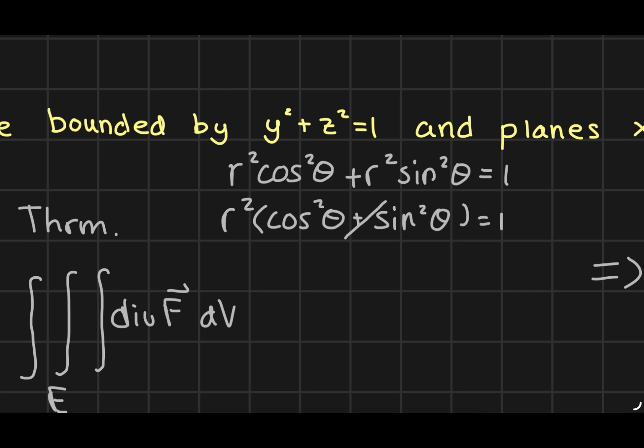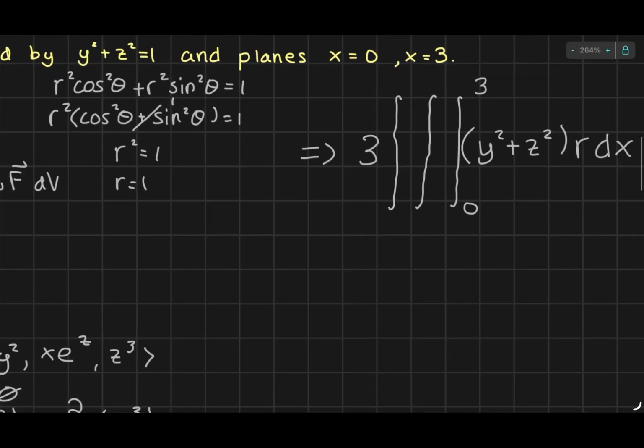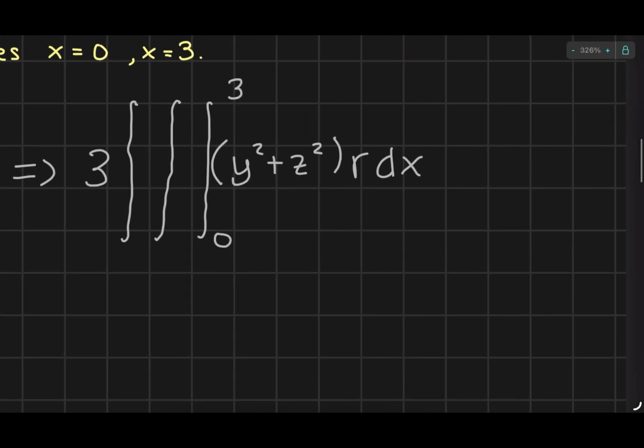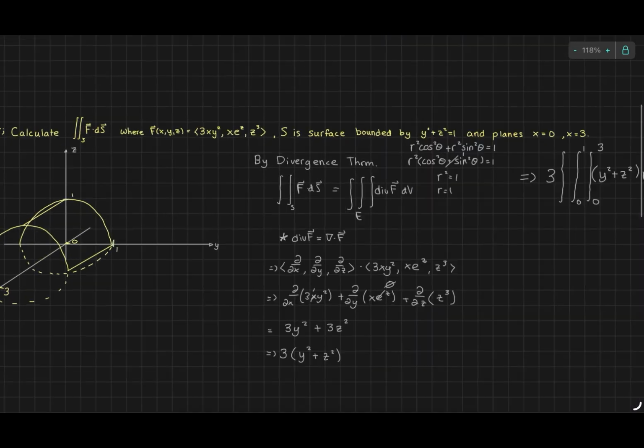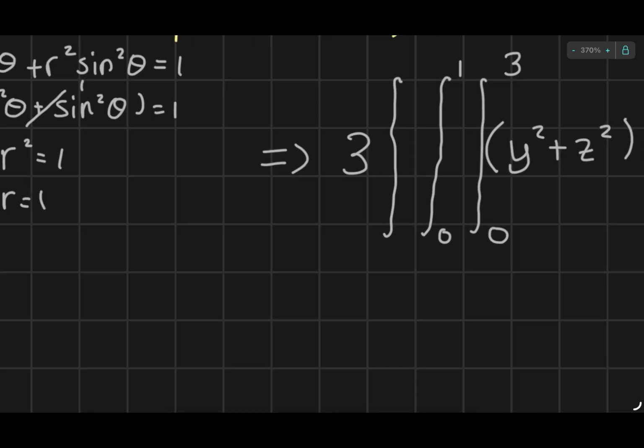And our favorite identity, we know that's going to equal 1. So our r squared is equal to 1. Therefore, our r is equal to 1. So we know that our bounds on our dr go from 0 to 1. And we know that this is a circle, so therefore it's just going to go from 0 to 2 pi.